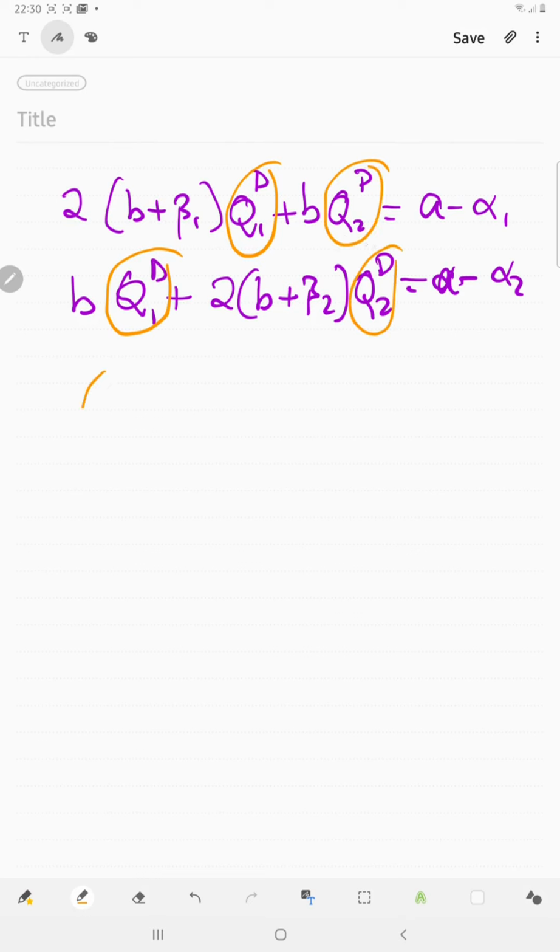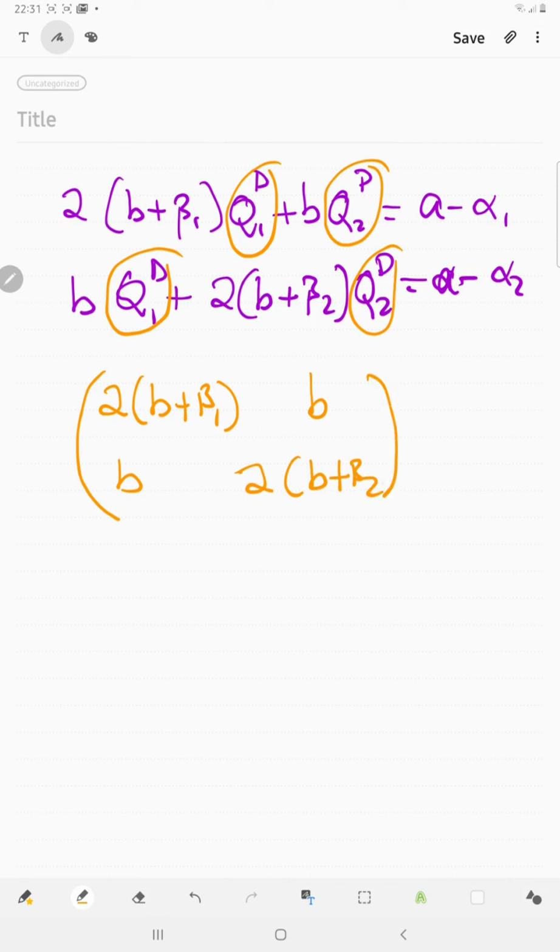So the coefficient matrix for that expression is 2(D + β1), then D, then D, and then 2(D + β2), and the other part is the solution matrix.